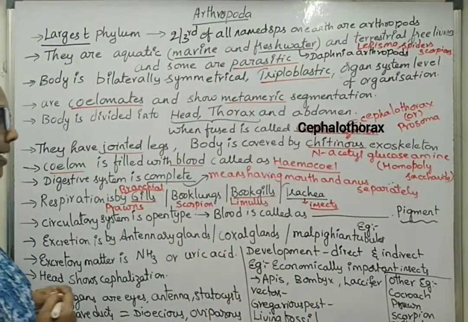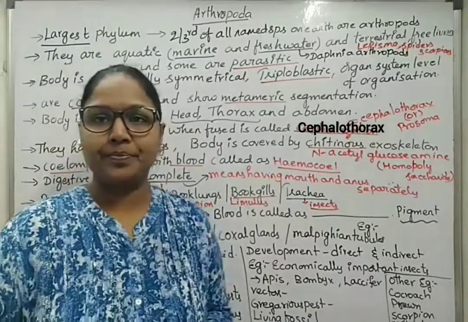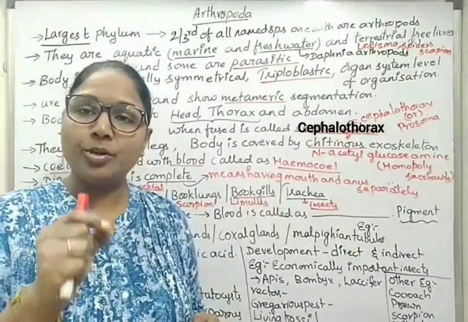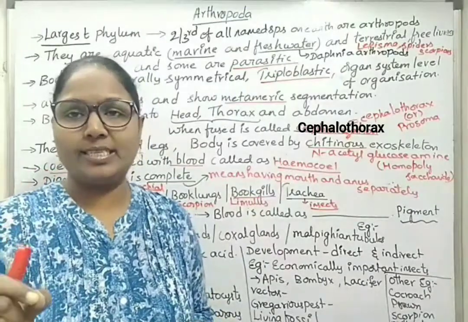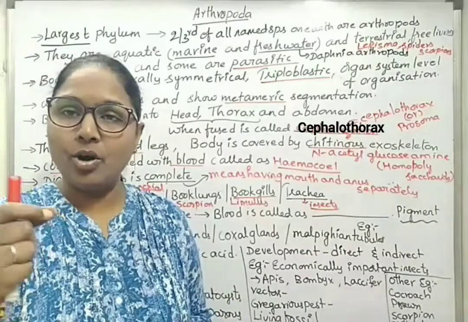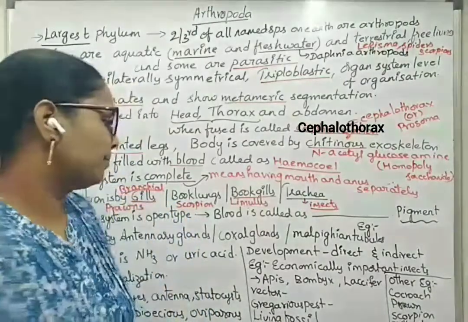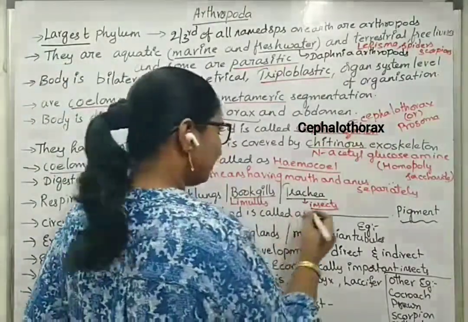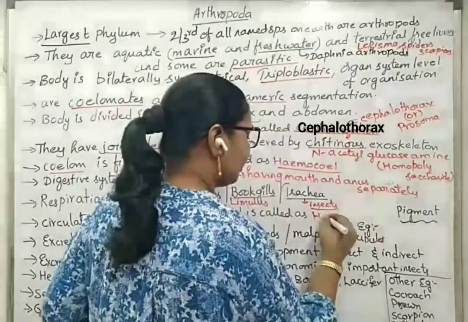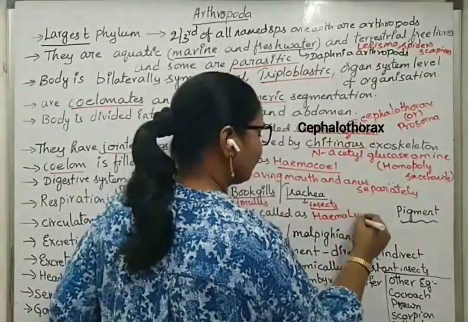Next, the circulatory system is open type. Open type means blood not only flows inside the blood vessels, but is also dispersed in the total hemocoel or in the tissues of the body. So, blood is also called hemolymph.